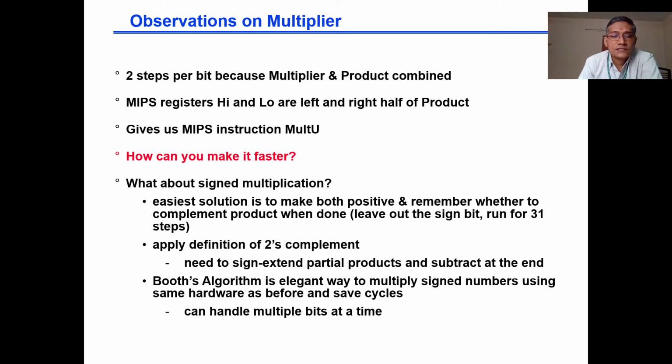These are minor changes we need to make for correct signed multiplication. For signed multiplication there is an elegant way, another algorithm, Booth's algorithm. In the subsequent videos we will learn about Booth's algorithm for signed multiplication.